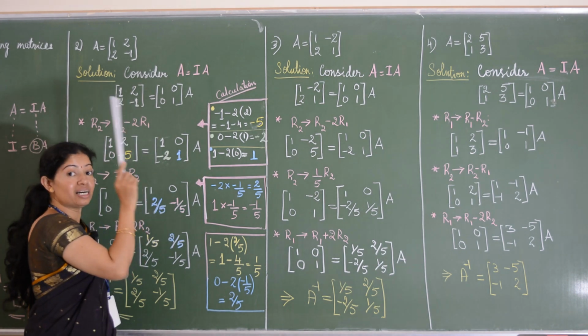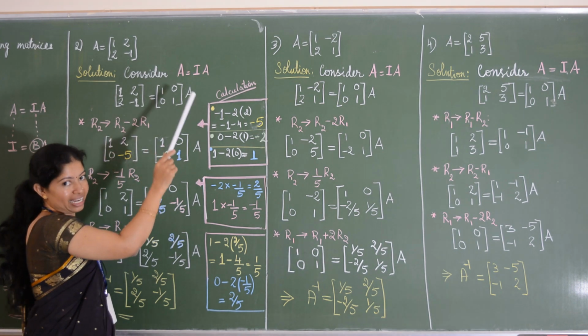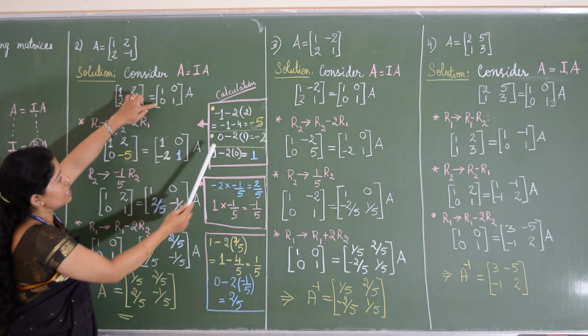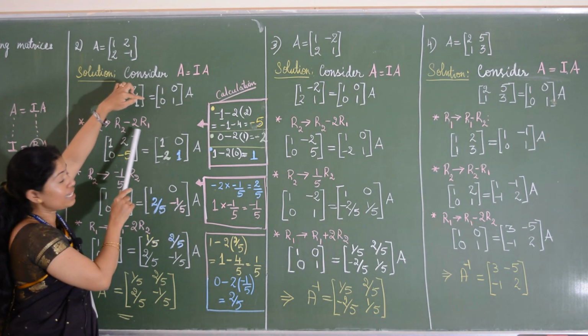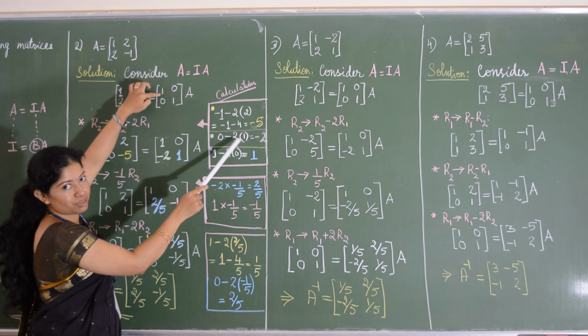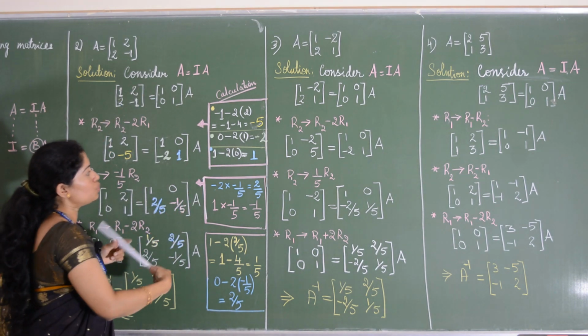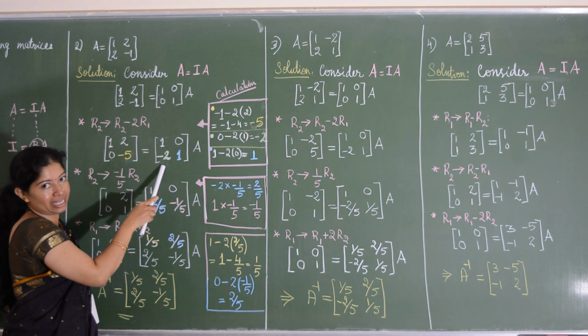Next, apply the same operation here also, the second row of the identity matrix. So it is 0. What is the operation? Remember that operation: R2 minus 2 times R1. So 0 minus 2 times 1 is equal to minus 2. So 0 has now become minus 2.